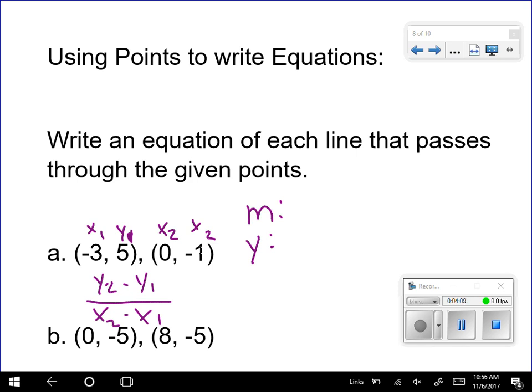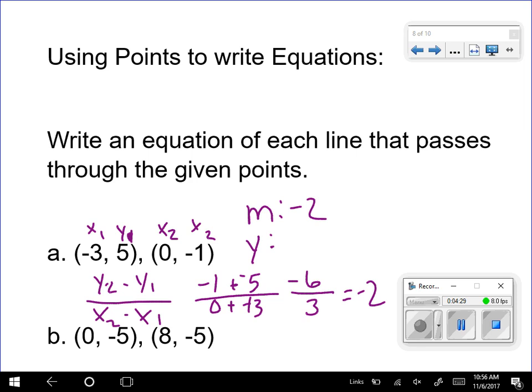So I'm going to go ahead and plug in what I know. This is my y2, -1 minus 5 over 0 minus -3. So this is going to be -6 over 3, which is going to give us -2. So our slope then is -2.